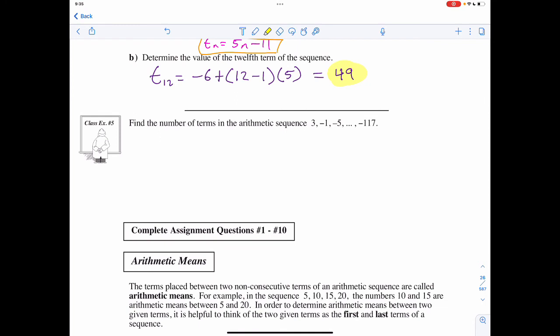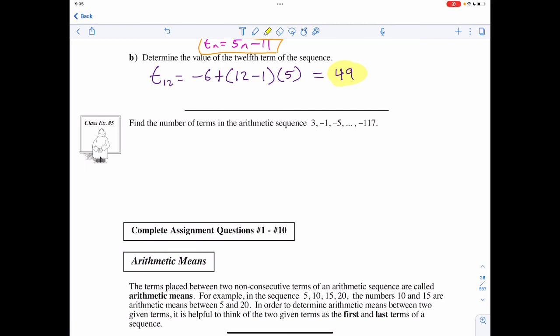I can also use this to find the number of terms in an arithmetic sequence by knowing what the first term is, the common difference is, and the value of the last term. In our previous example, we knew what term placement we wanted, which was 12, and then we were solving for t of 12, or the term value.